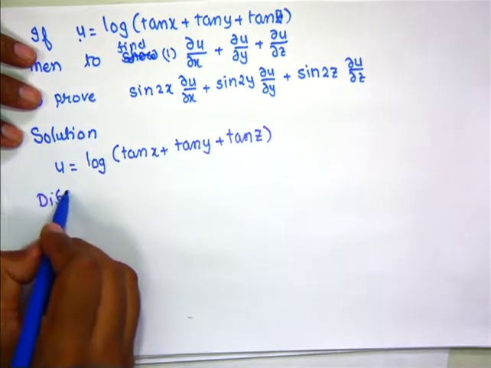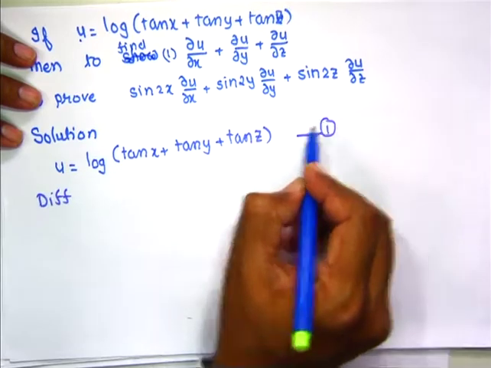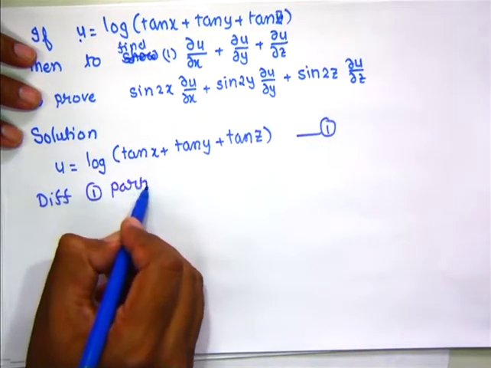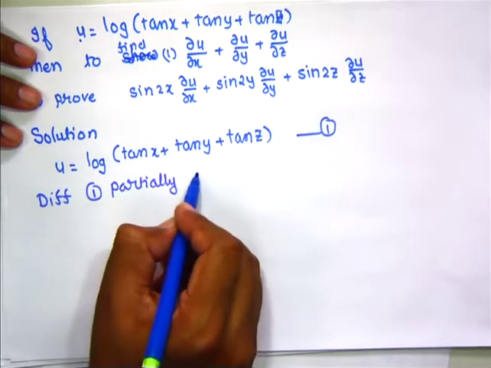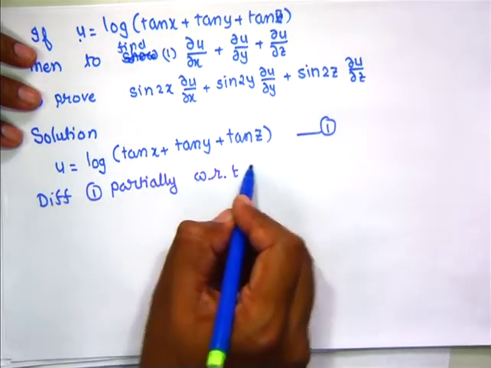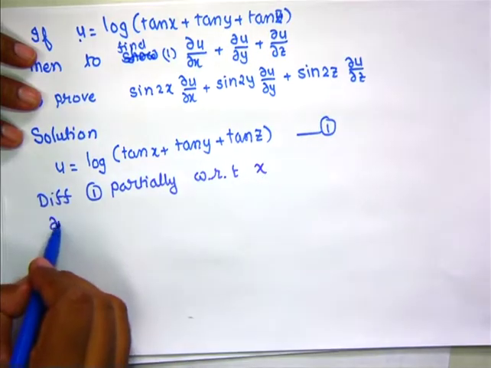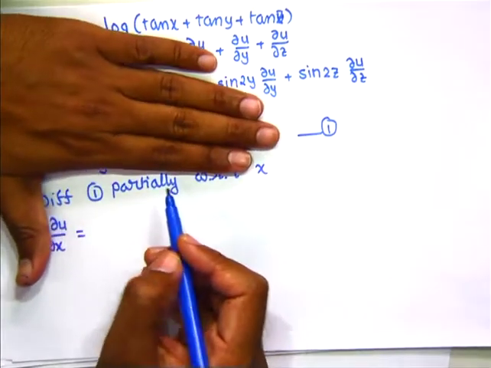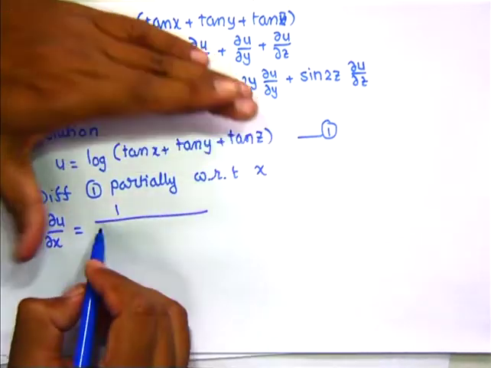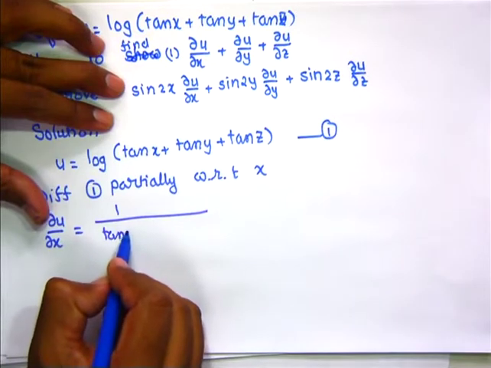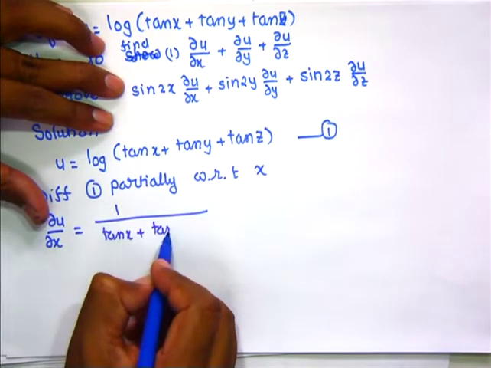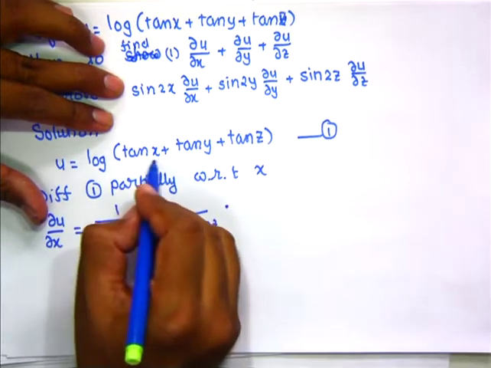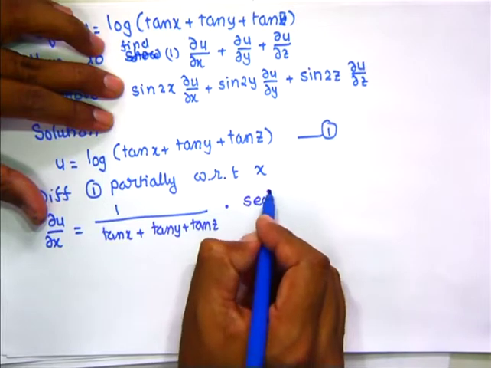Differentiating this partially with respect to x, we get del u by del x is equal to the derivative of logarithm, which is 1 upon tan x plus tan y plus tan z, multiplied by the derivative of tan x, which is sec square x.